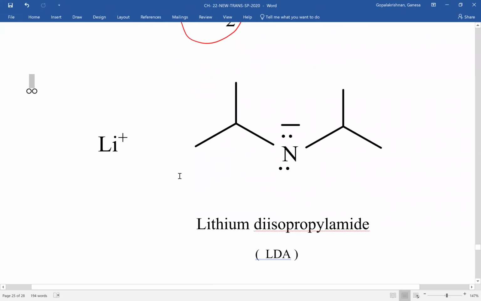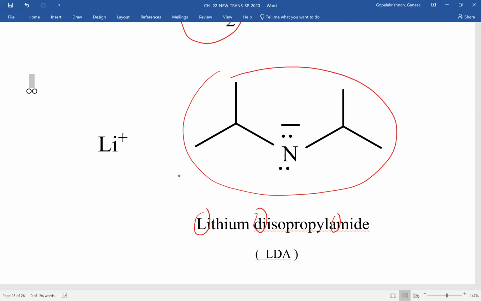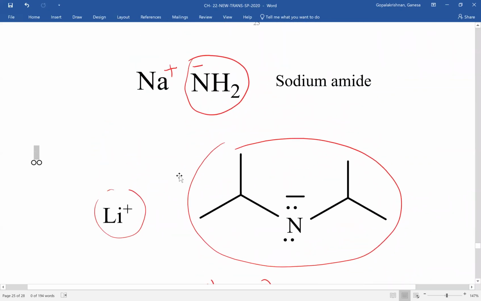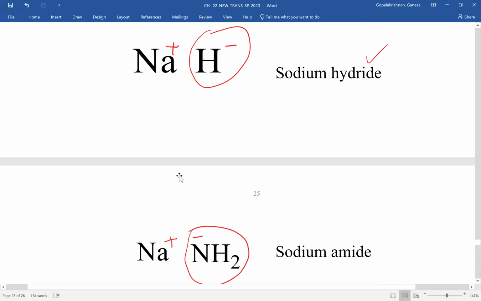The third one is lithium diisopropylamide. We shortly call it LDA. In LDA, you have this as the base, and this is the counter ion. But if you compare LDA with others, LDA is a larger, bulky base. H minus is not bulky.